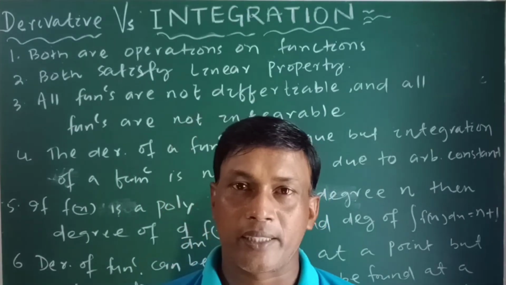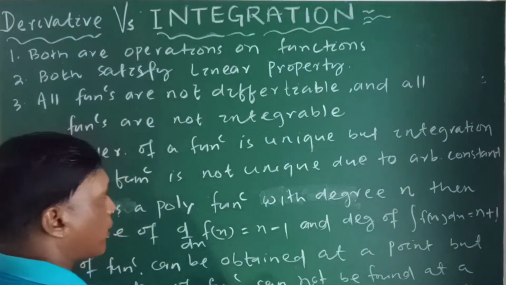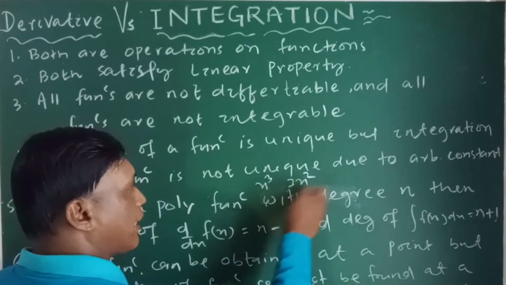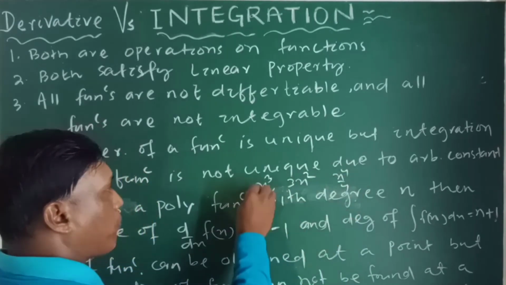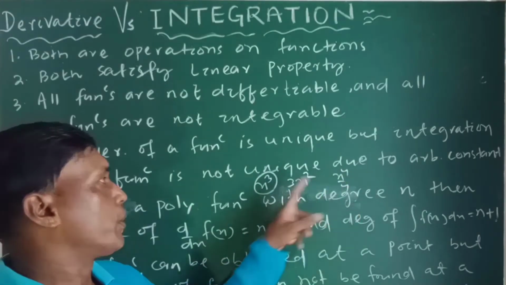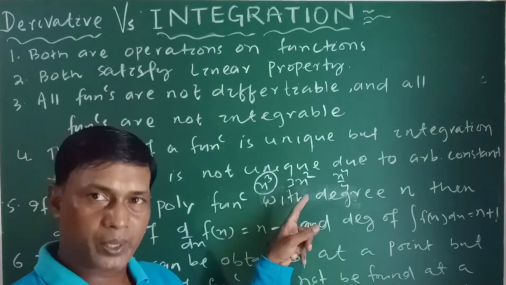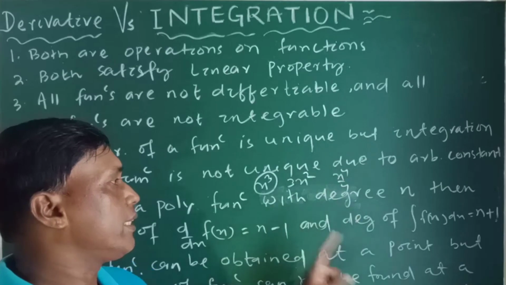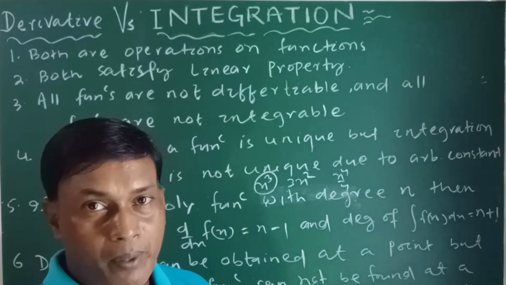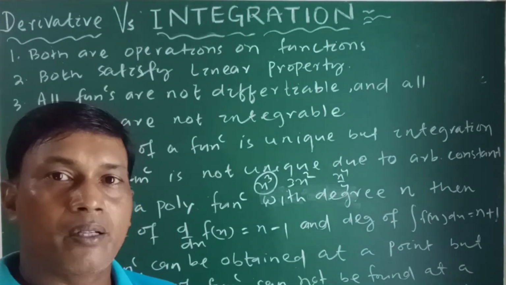The derivative is 3x square, and the integration is x to the 4 by 4. So for a polynomial of degree 3, the derivative is degree 2, but the integration is degree 4. In the case of a derivative, the degree decreases by 1. In the case of integration, the degree increases by 1. And this is only for polynomial functions.